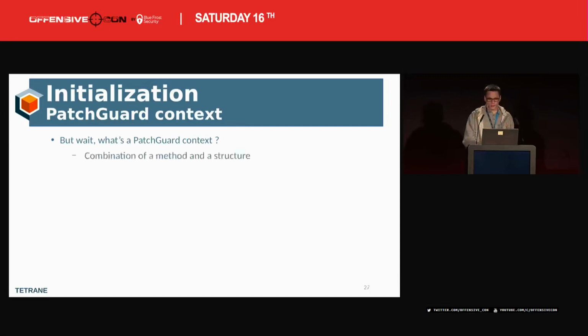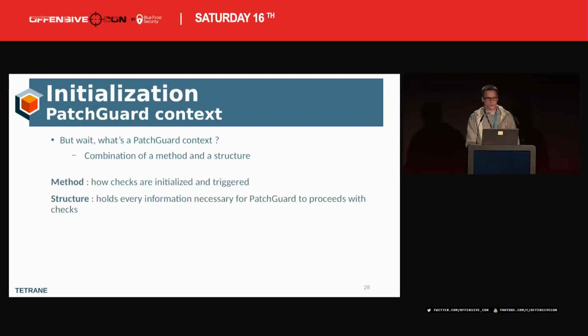So I like to consider that the PatchGuard context is actually a combination of a method and a structure. Basically the method is all checked or initialized and triggered, and the structure holds every piece of information that is necessary for PatchGuard to proceed with checks.